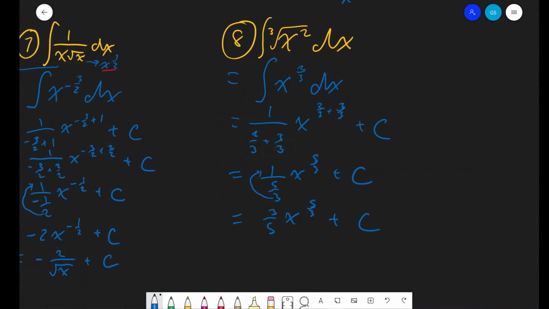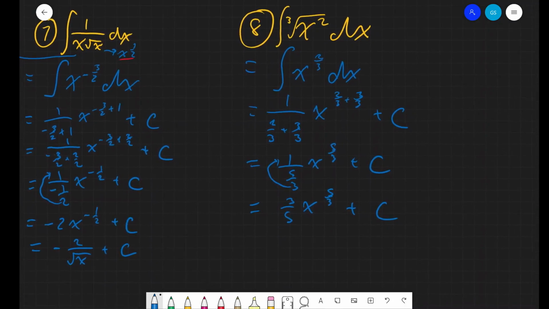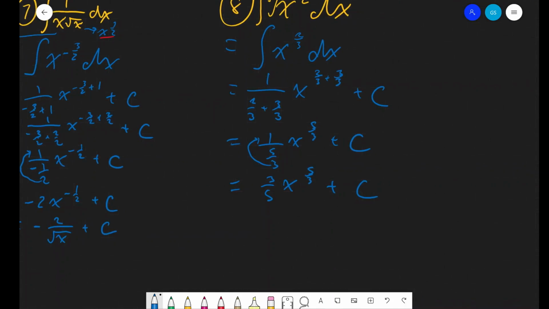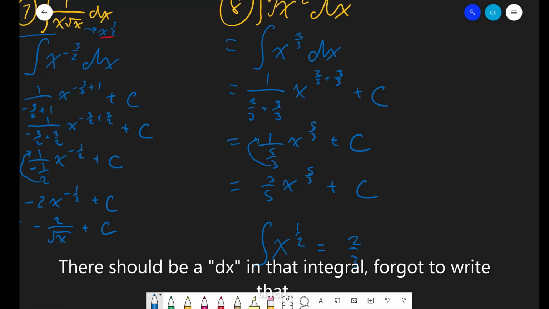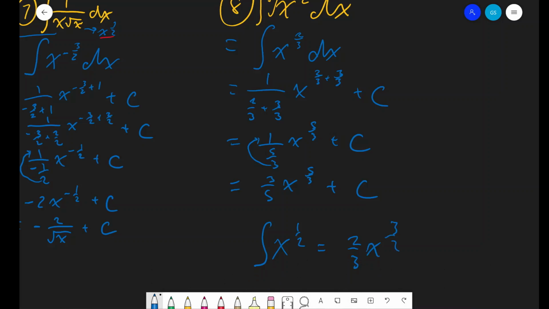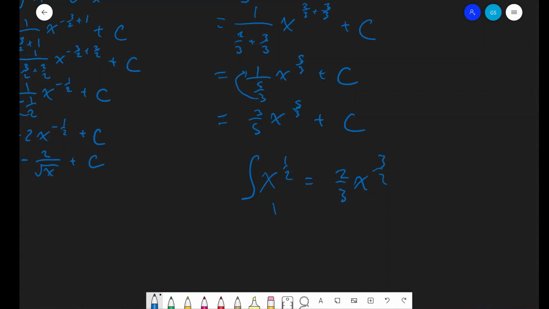So it's similar to question 7 in that sense, and you'll notice a certain pattern. If you try integrating this, if my memory serves me correct, you'll get this. And you may be wondering where that came from.